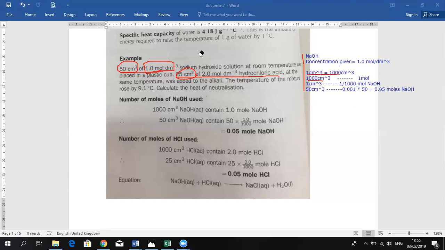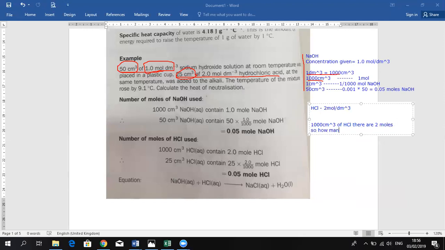Oh, no? No. All right. So, for example, here we say the hydrochloric acid is a solution that is 2 moles per dm cube. What that means is that in every dm cube, or every 1,000 centimeters cube of HCl, there are 2 moles.